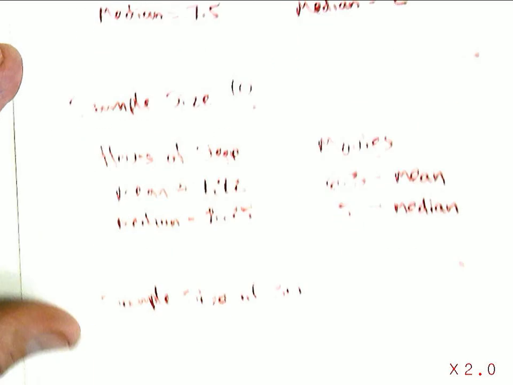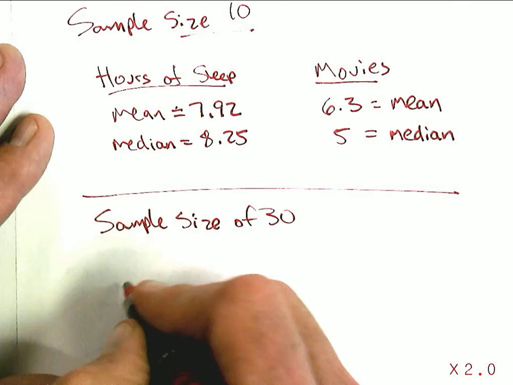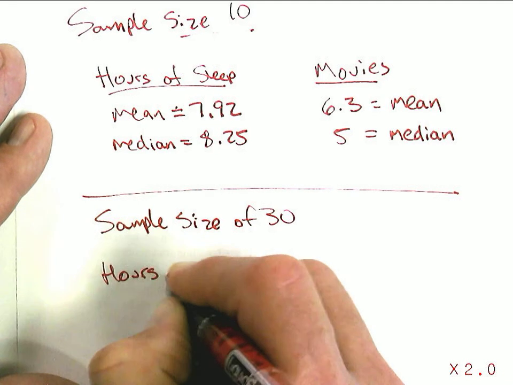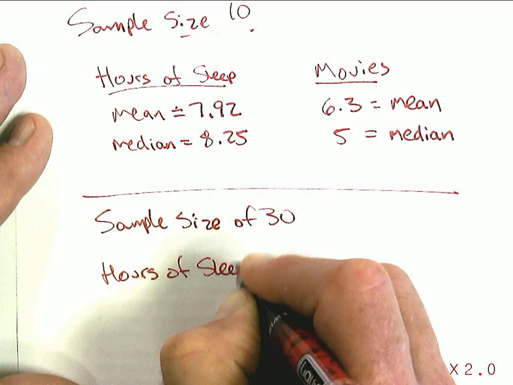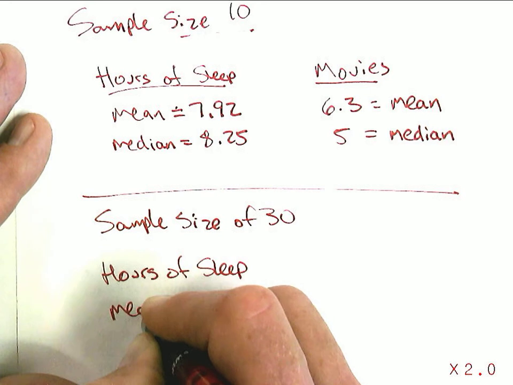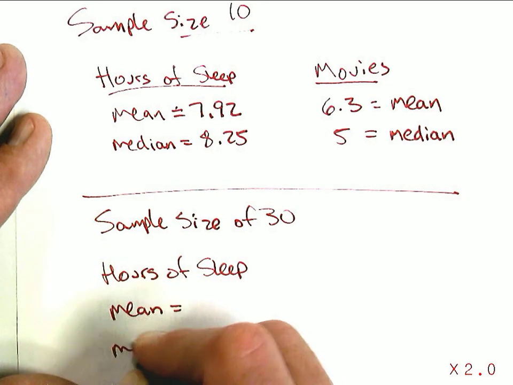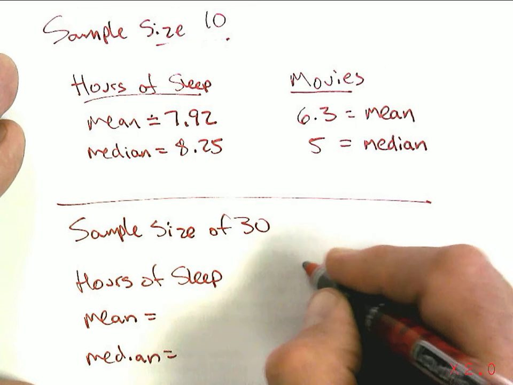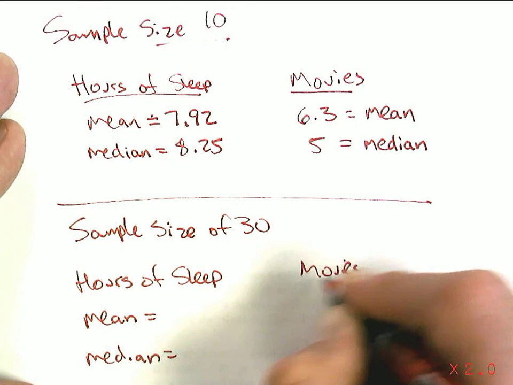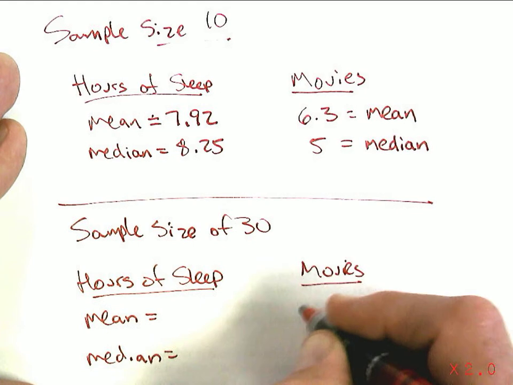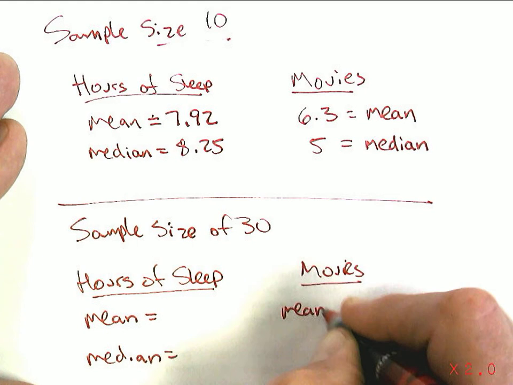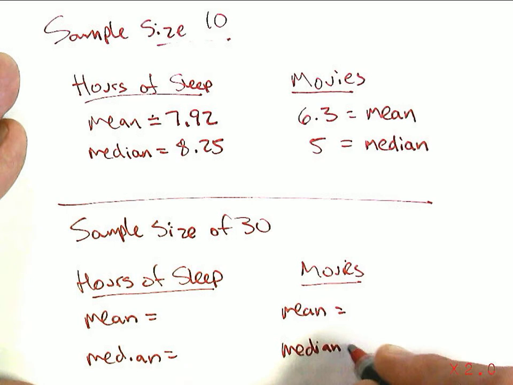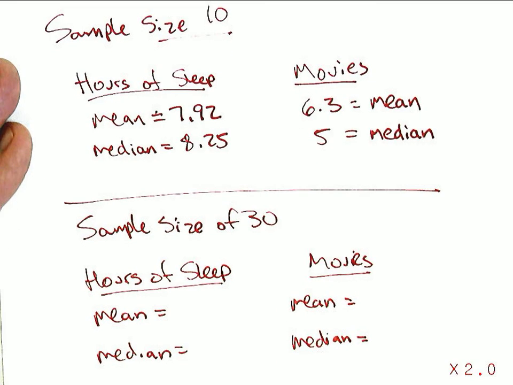And so I'm going to actually record the hours of sleep, the mean, and the median for that sample size of 30, and for movies, the mean and the median, because I have that data in my calculator already from the previous lesson 2.3.